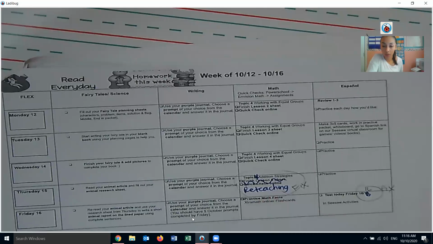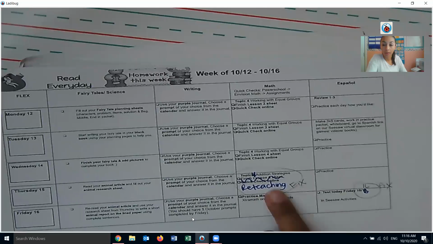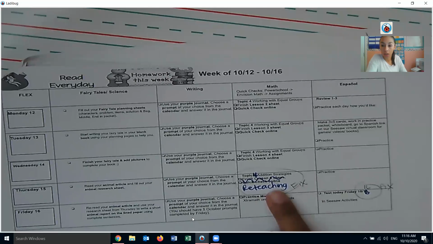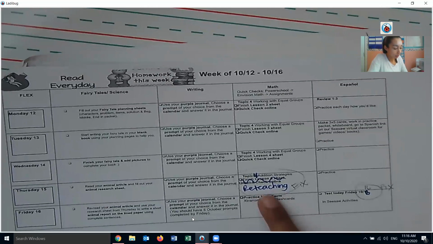For today, make sure you've gone into your PowerSchool math, having completed all of your quick checks for topic 4, lessons 1, 2, 3, and 4. So you should have 4 quick checks completed by the end of this week.